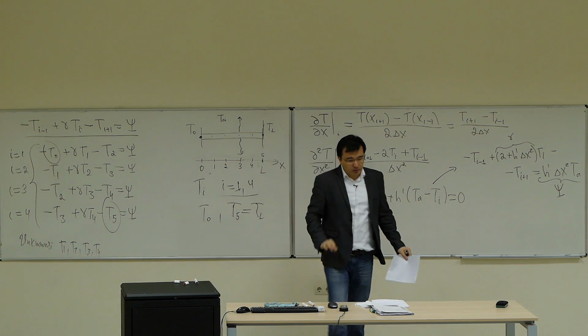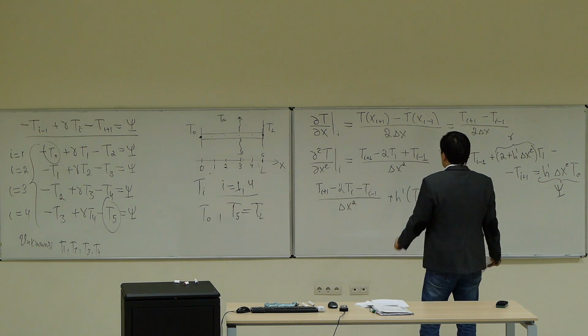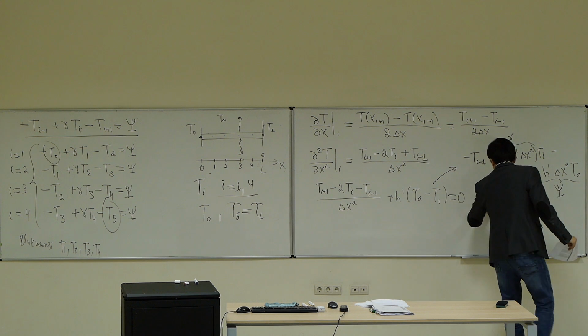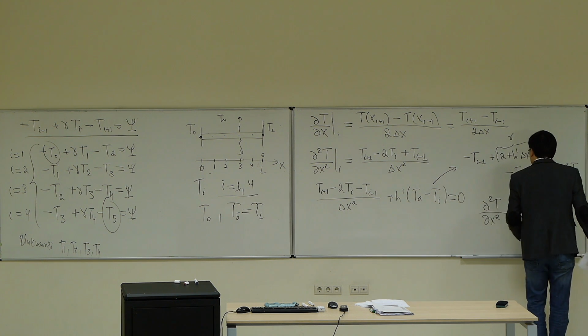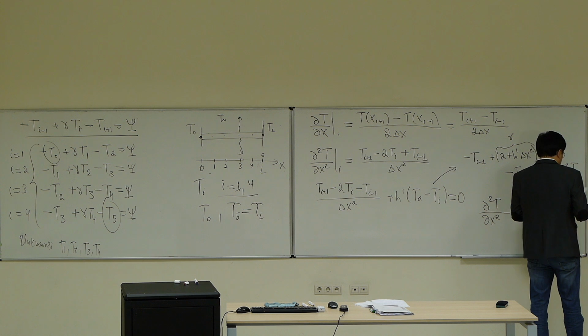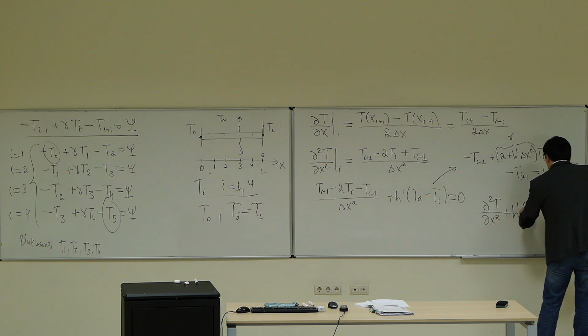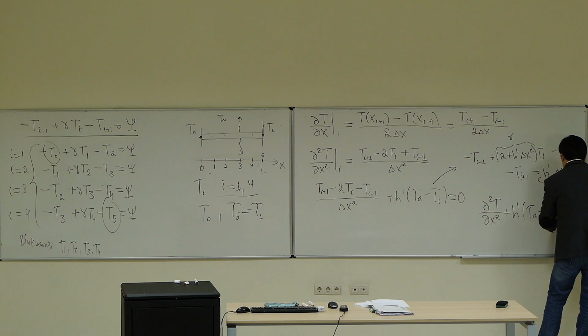In other words, initially we had this differential equation: the second derivative of T with respect to x plus h'(T_a - T) equal to 0.